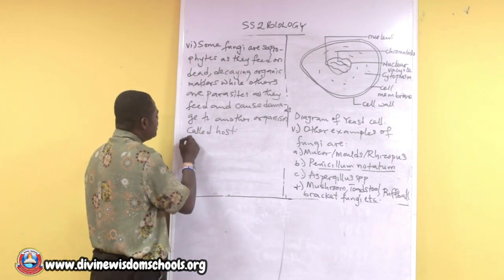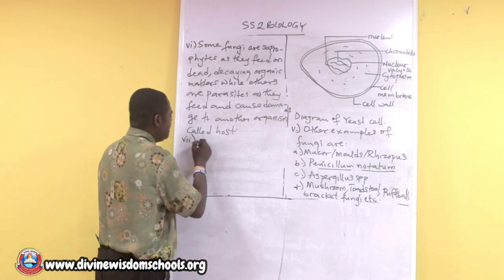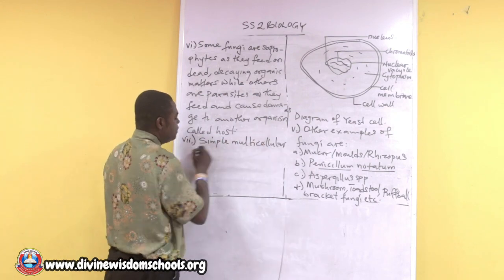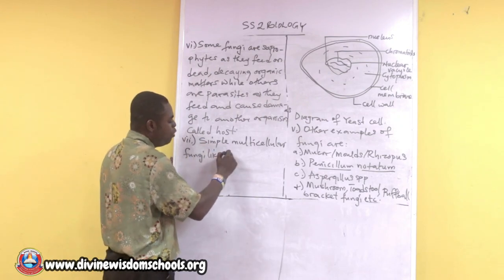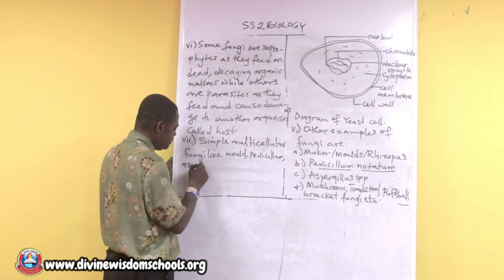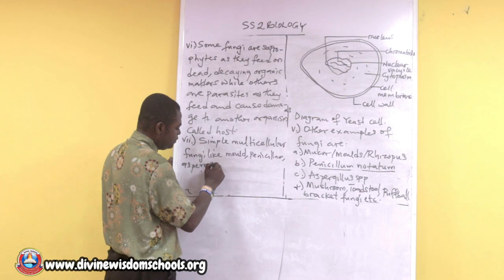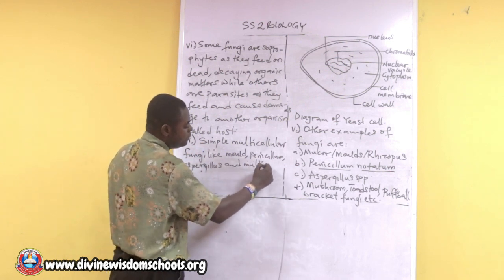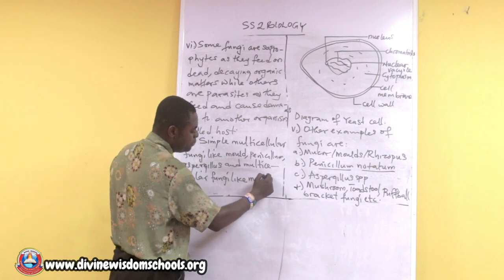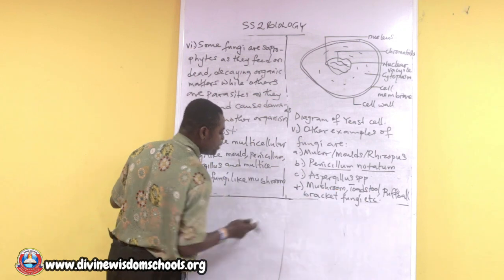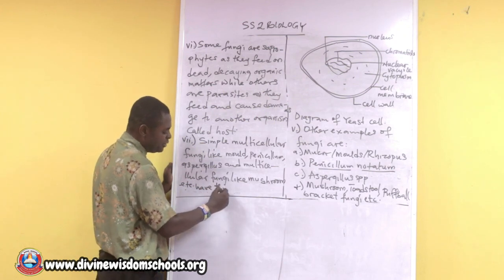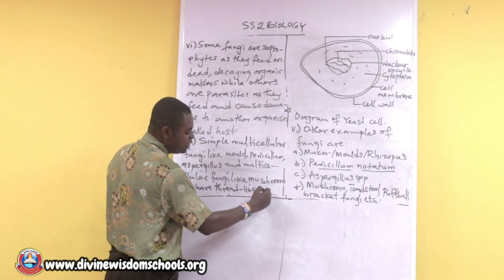Then another thing that is very important to take note of is that simple multicellular fungi like mold, penicillium, aspergillus, and multicellular fungi like mushroom, puffball, toadstool, and so on, have a thread-like vegetative body.